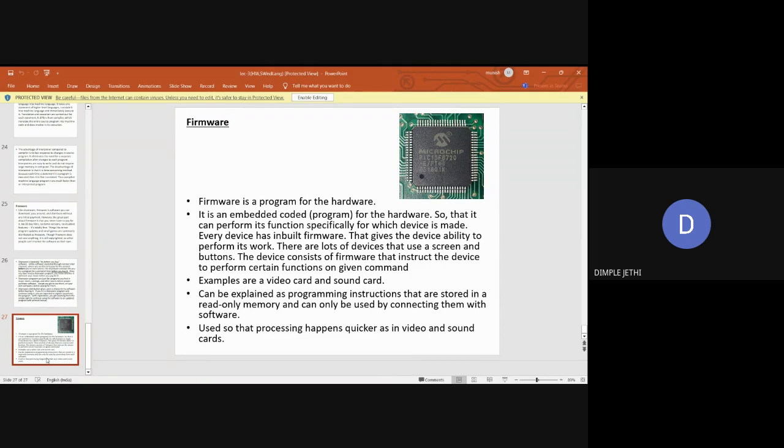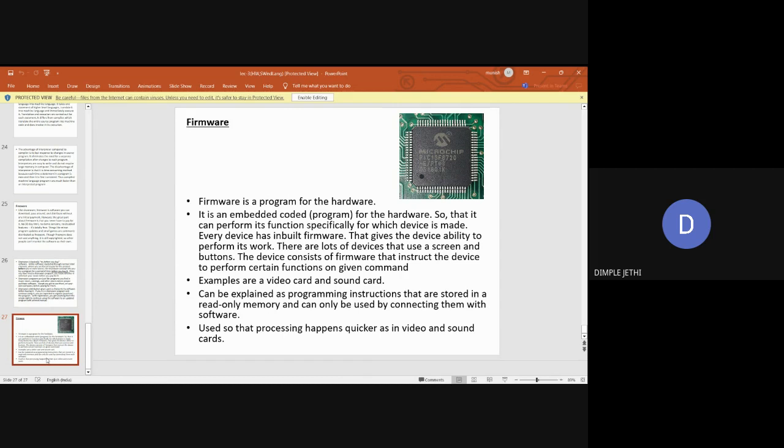The circuit of the chip is already built, whatever your instructions are, you build the circuit for those instructions on the chip itself. So you hardwire your instructions. You don't need to install it separately. Like video card, sound card. Nobody can make changes in those chips, right?